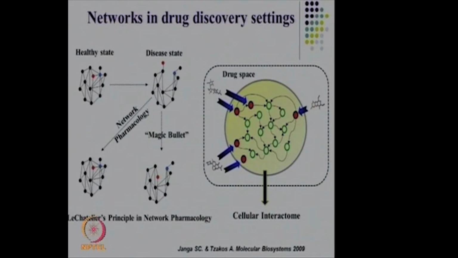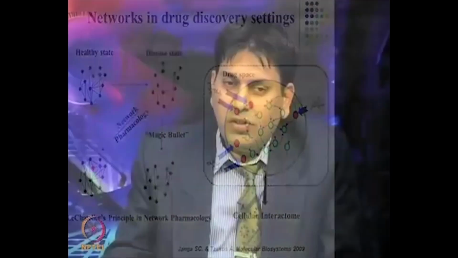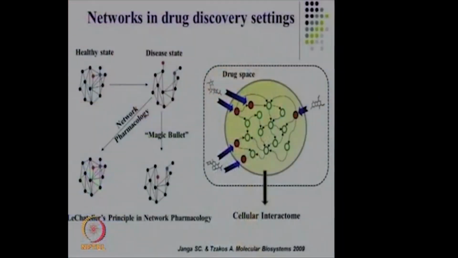Now, let me introduce to you the traditional notion of how drug discovery usually happens in most places. Let us represent the healthy state of an individual with a network of interactions shown in this figure on the left. Now, a disease state could be studied as a perturbation in such a network where some of these nodes are not properly connected compared to the healthy state.